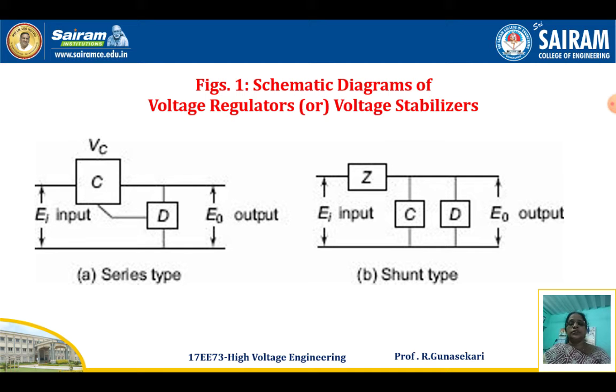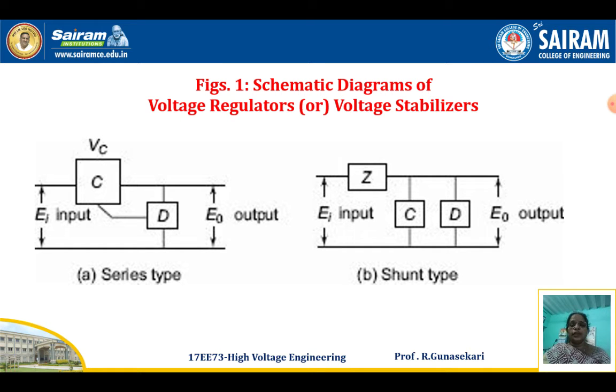So what is the difference between series type and shunt type voltage regulators? In the series type, the input is EI, that is the input voltage, and VC is the voltage across the circuit, and C and D are connected in series.